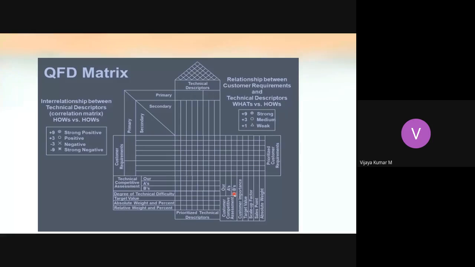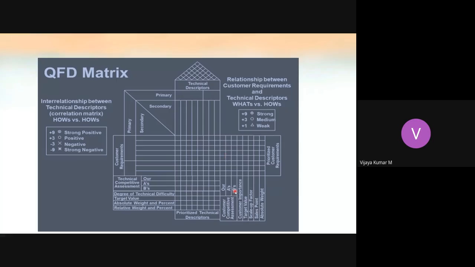If you need some more, you want to compare your organization with 3-4 organizations, that is also your wish. In general, we have to compare with at least 2 organizations of the same category. That is why we have taken A's and B's. That is why you will do the customer competitive assessment with your company, along with the other 2 companies.